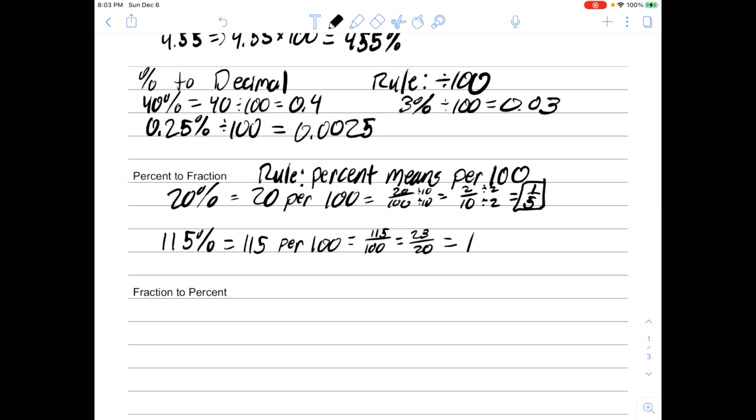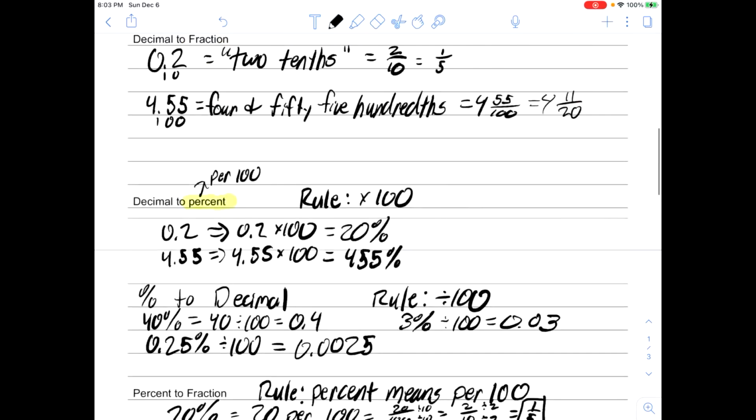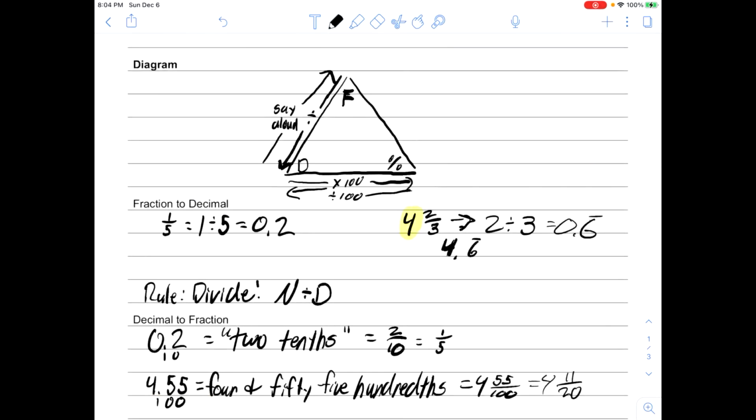To turn that into a mixed number, I get 1 and 3/20. That would be my percent as a fraction. So my rule here to go from a percent to a fraction, just that we do the percent over 100.